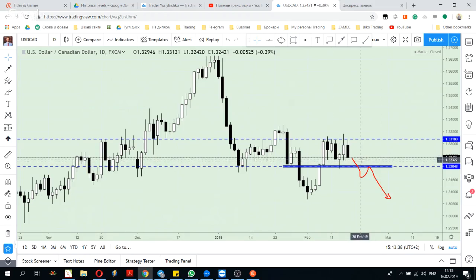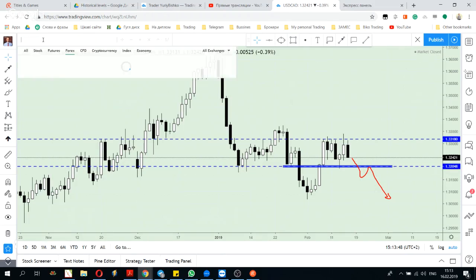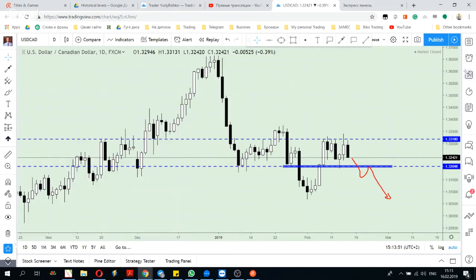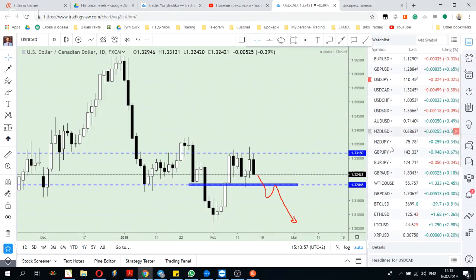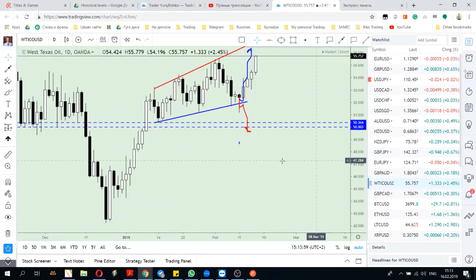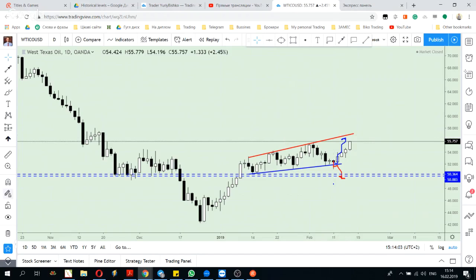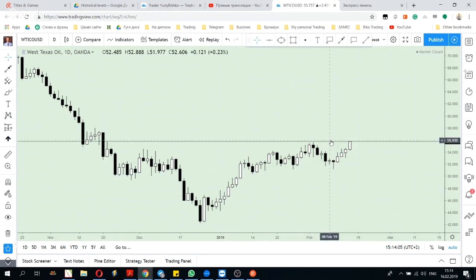The main reason why I have only this scenario on Canadian dollar is because there is no good level near this place. And the second main reason why I think about down, I want to show you: this oil starts at last.